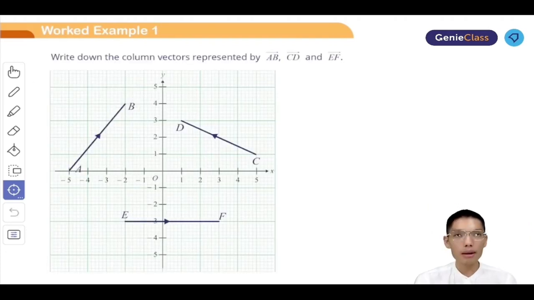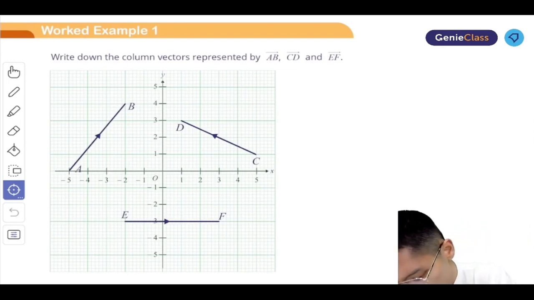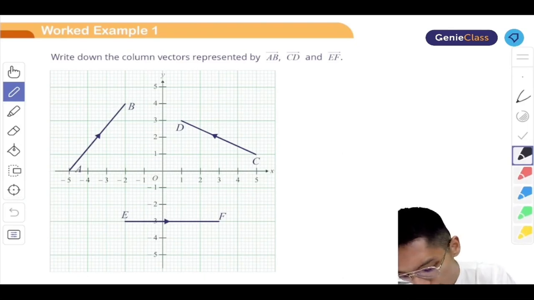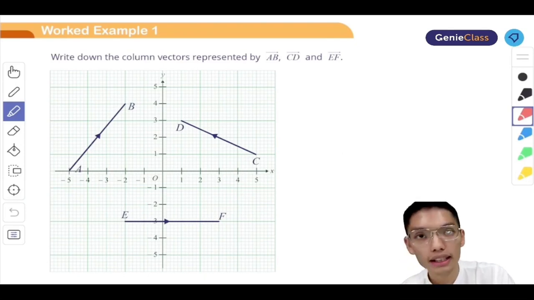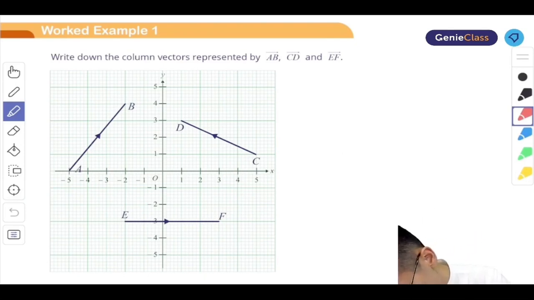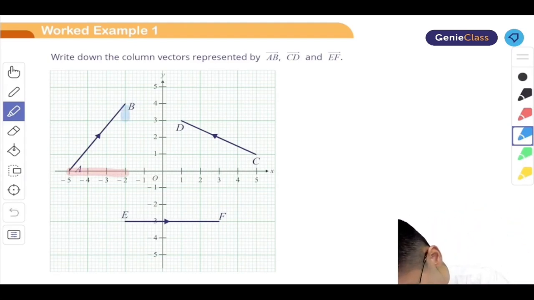Now, how do I write my column vector? So A, B. How do I read it? Let me help you from here. To get from A to B, let me do a highlighting. A to B moves from 5 to -2 before it stops, vertically moving up from 0 to 4.